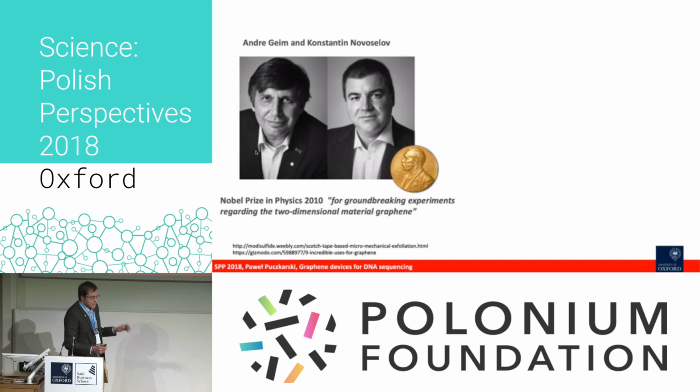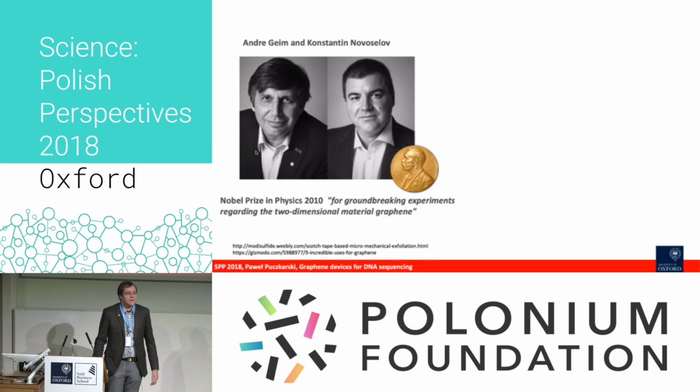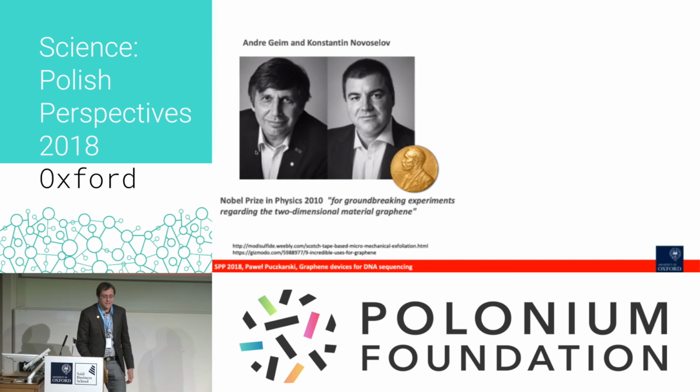So at first, let me tell you a little bit more about graphene. It's a relatively new development in the field of nanotechnology and solid-state physics, as it was discovered in 2004. And only 6 years later, the two scientists responsible for the discovery of graphene were awarded the Nobel Prize in Physics.